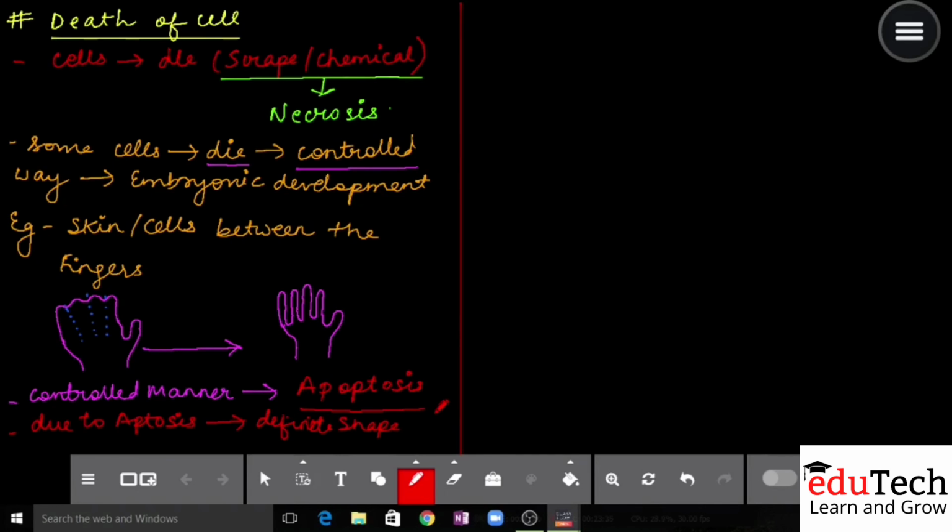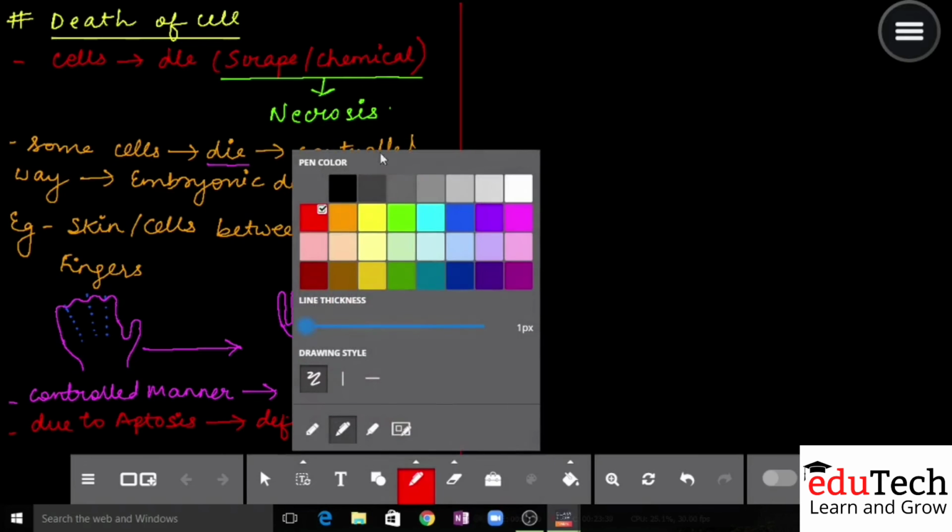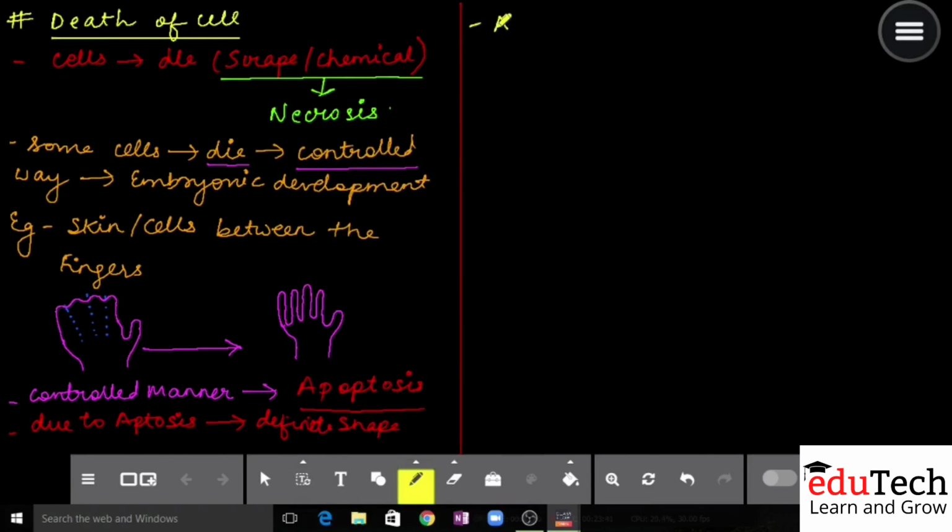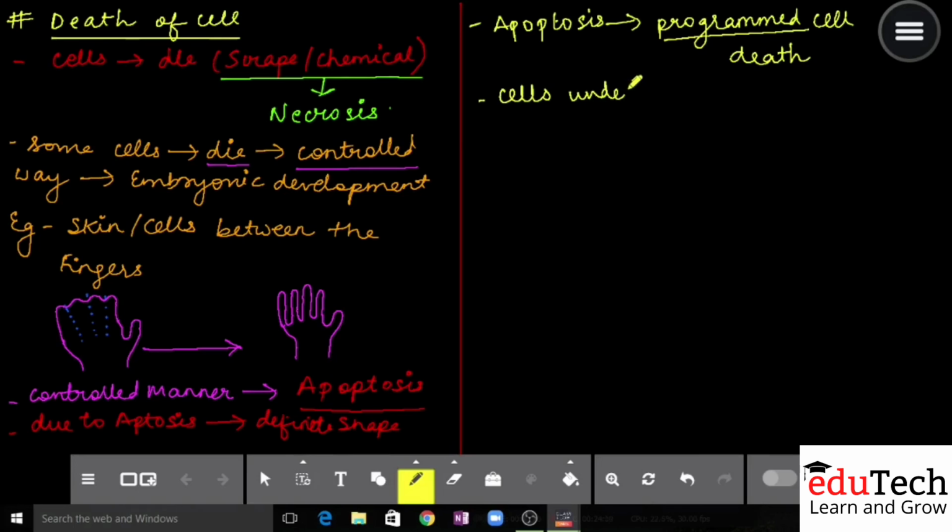Also, one thing you need to remember is that this apoptosis is also called programmed cell death. What do you mean by this? Programmed cell death means you can control it. It is also called cellular suicide, when cells undergo cellular suicide.